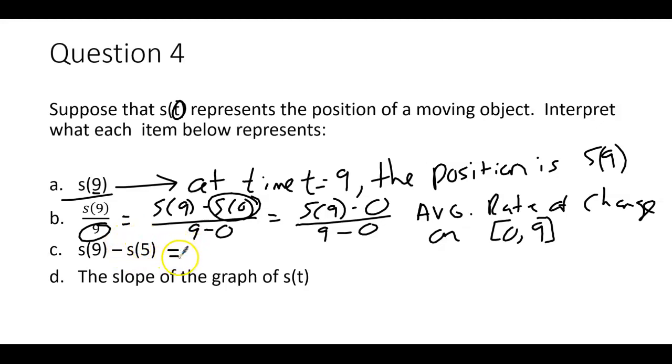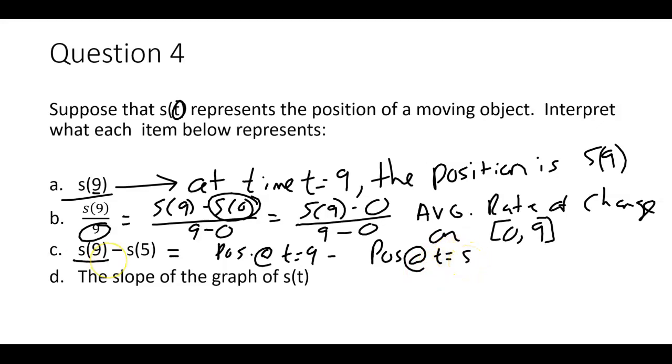Let's go ahead and take a look at the next one here. S of 9, that's the position at t equals 9 minus the position at t equals 5. So what would that tell you?